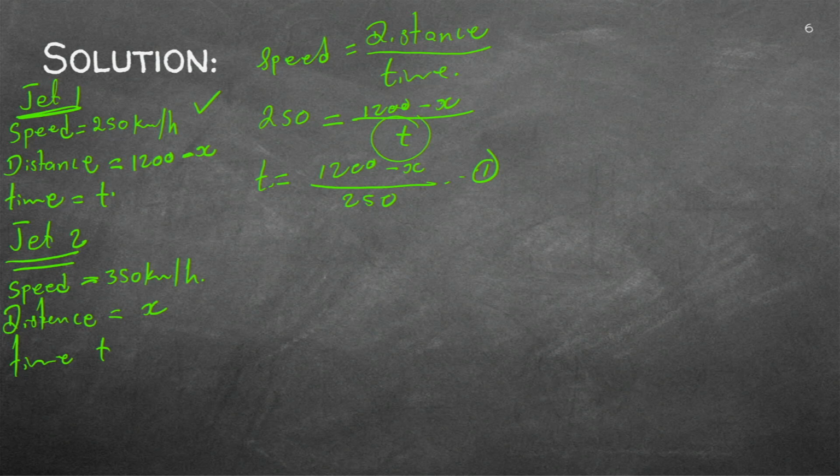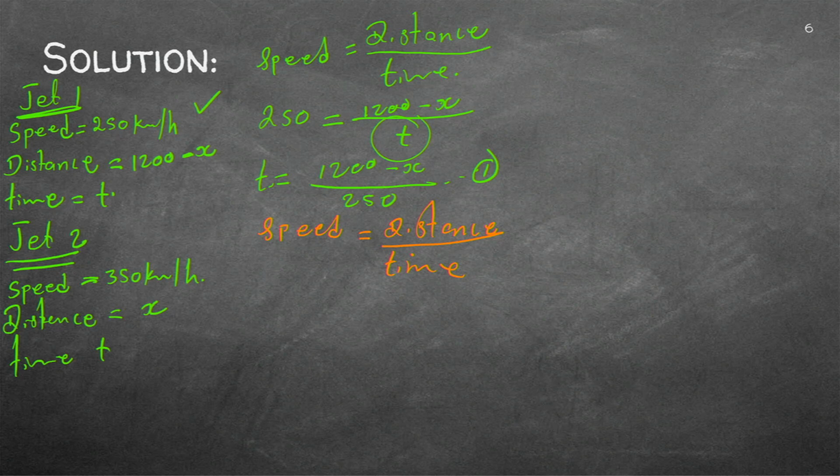So for equation number 2, guys, let me use a different color. So for jet number 2, the formula still applies as speed equals distance divided by time. So it's still the same rules that apply.